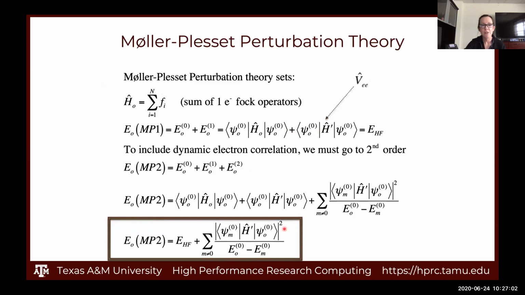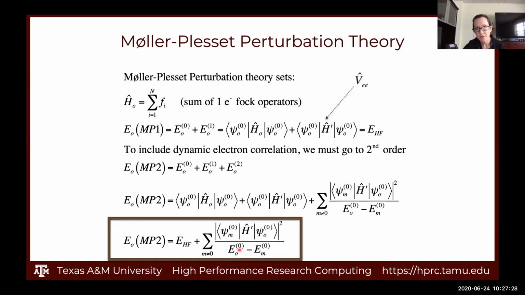You have to go to second order perturbation theory, Møller-Plesset second order perturbation, to incorporate the electron-electron correlation. Here is the second term, where you're looking at excitations of the electrons out of the Hartree-Fock optimized wave function. It promotes the electrons and then compares the energy.